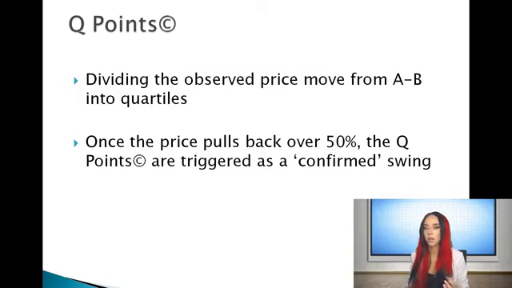The price must pull back over 50% where it came from in order for the quartile top and quartile bottom to become valid for trading. Some people throw back the Fibonacci retracement into my face, but you don't trade the 50% pullback. You're only using the pullback to instead trigger the top and bottom quartile.